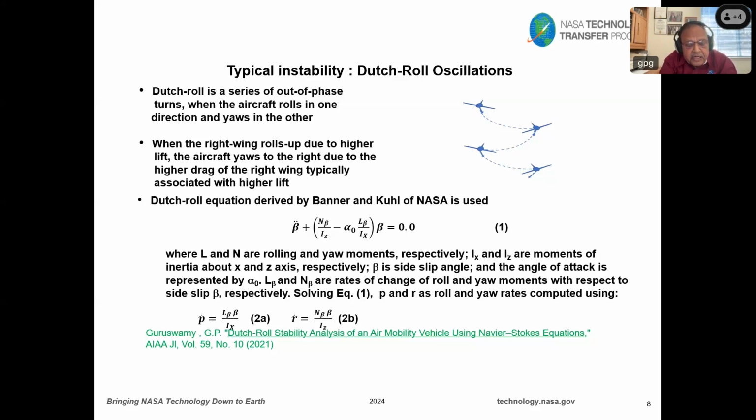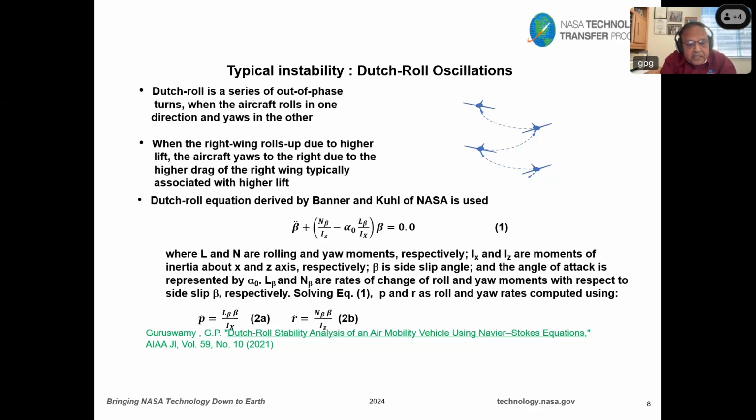In it, the whole Dutch roll phenomenon is represented by a single variable, sideslip beta, so it was possible to couple it with the CFD as a first effort.